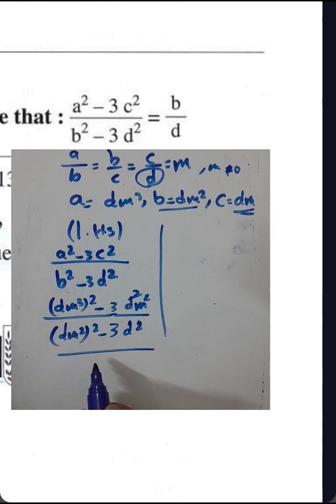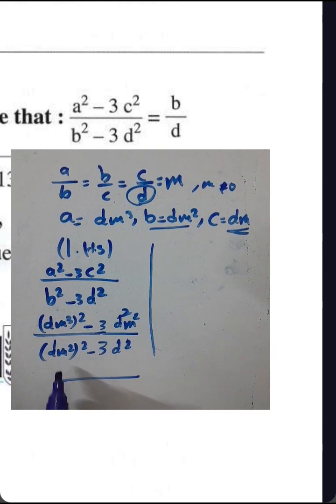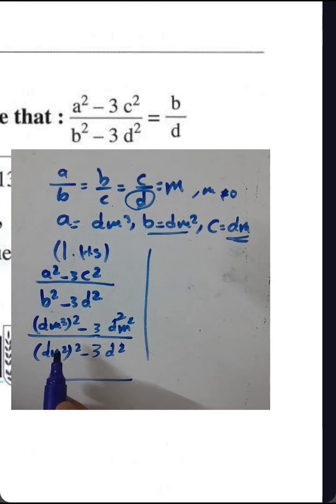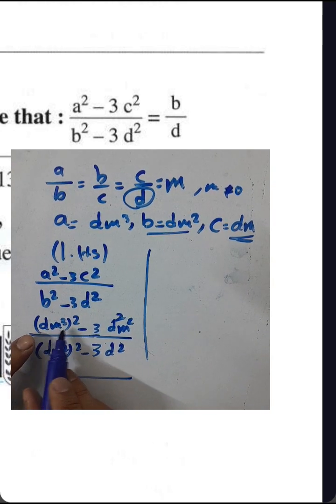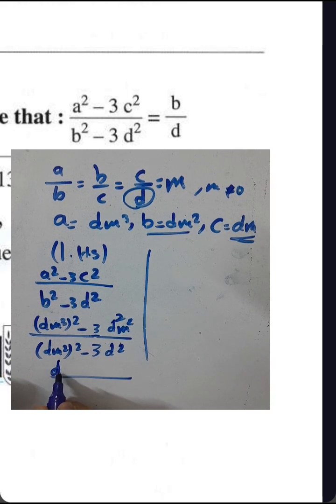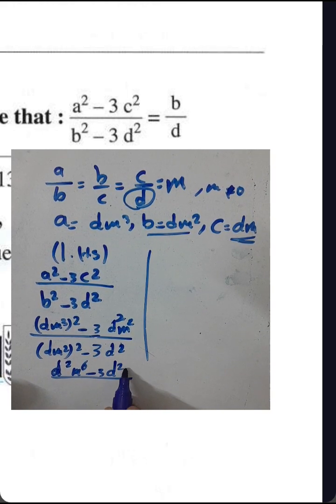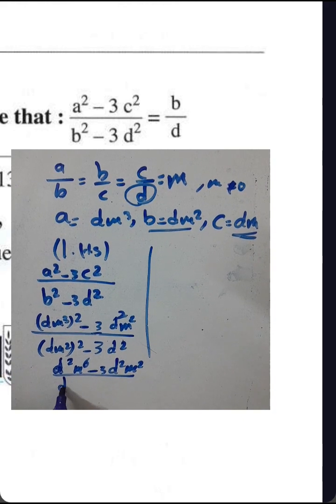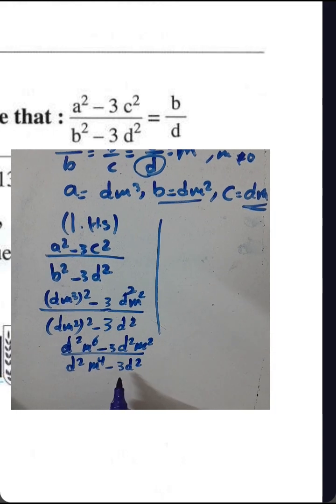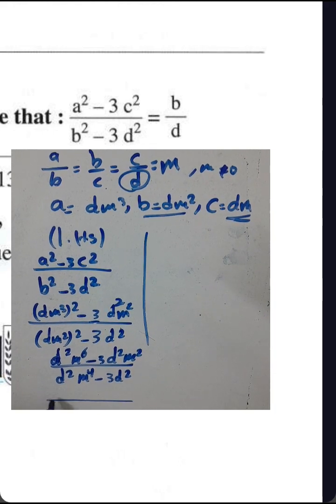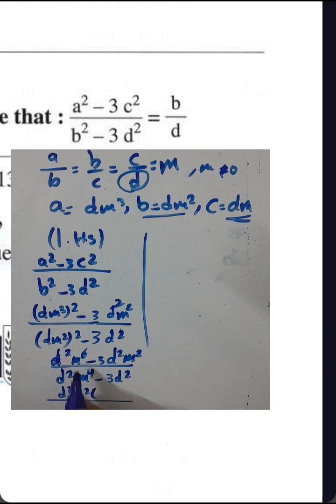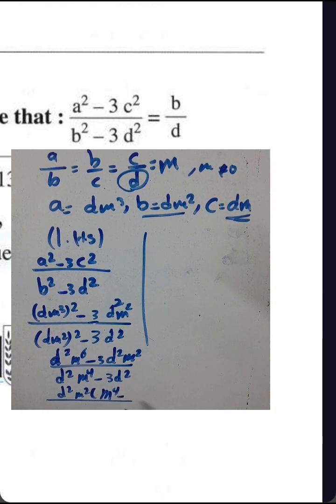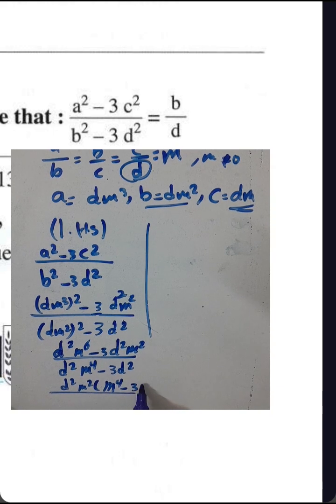And then you can write here d squared, distributing the power to the variables: d squared m to the power 6 minus 3d squared m squared, and here d squared m to the power 4 minus 3d squared. You can write the highest common factor between them, d squared. The result will be m to the power 4 minus 3 only.